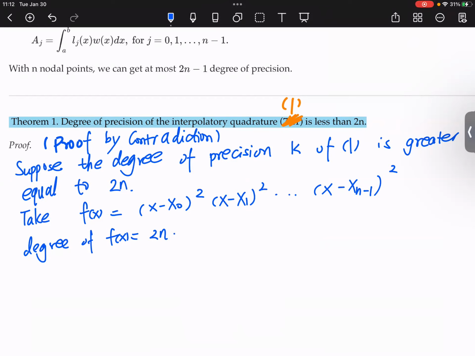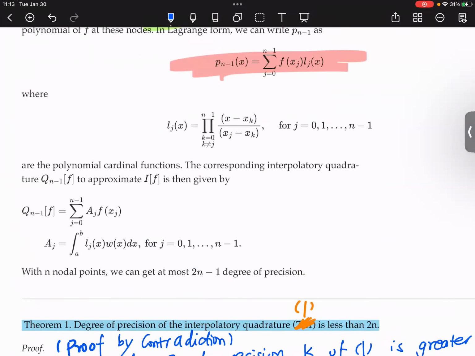So if we apply the quadrature rule here, w(x) is the weight function for the integral.